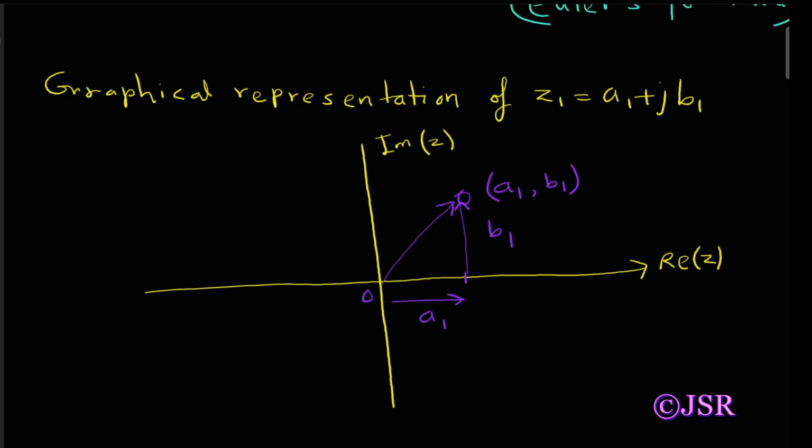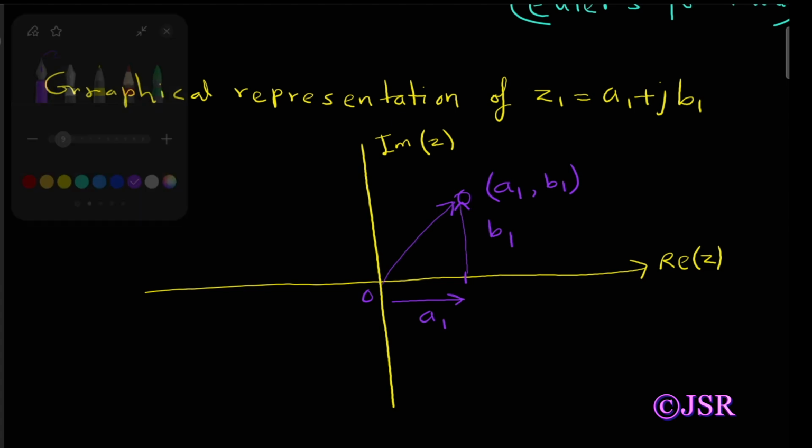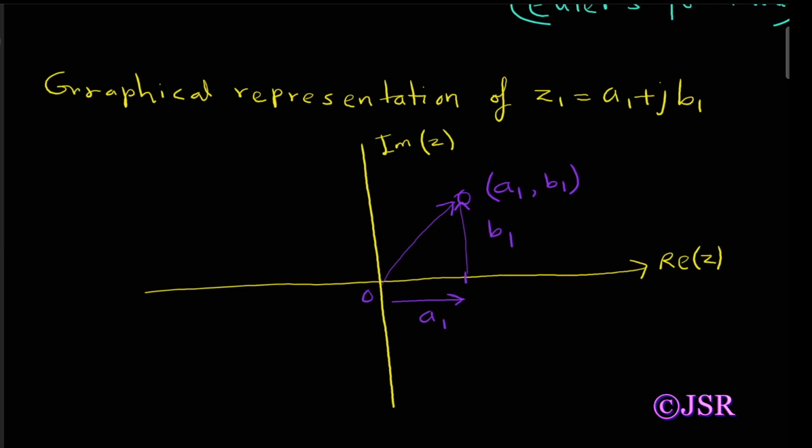So the vector representation of z1 can be seen as a vector which connects the origin to the point a1 comma b1, and this line will have the magnitude of z1 equal to mod z1 and the angle as theta.